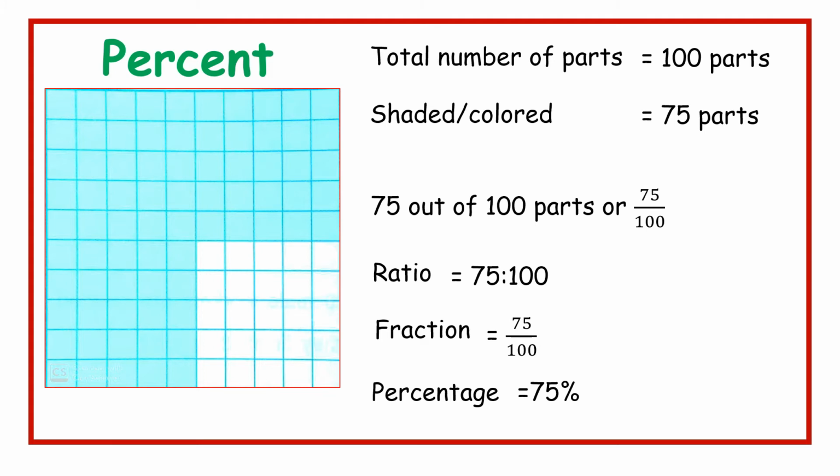The word percent means out of 100. So any fraction that is out of 100, we say that is a percentage. So when we say percent, we mean out of 100.